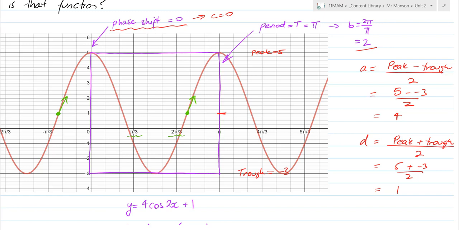So I know that I've got a period of pi, and this occurs in quarters. So it goes from peak to midline in a quarter of a period, midline to trough in a quarter of a period, trough to midline in a quarter of a period, and then midline back up to the peak in a quarter of a period. So I actually want my phase shift to be 3/4 of the period, which is 3/4 of pi.